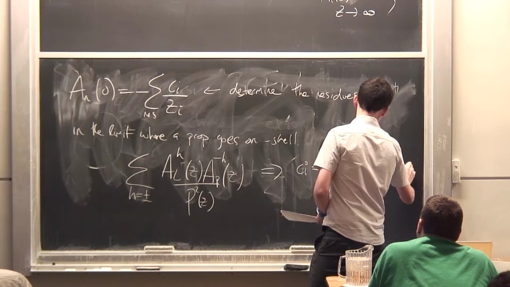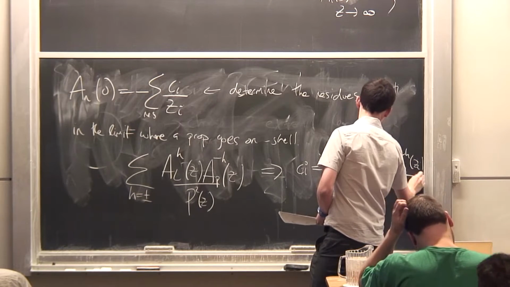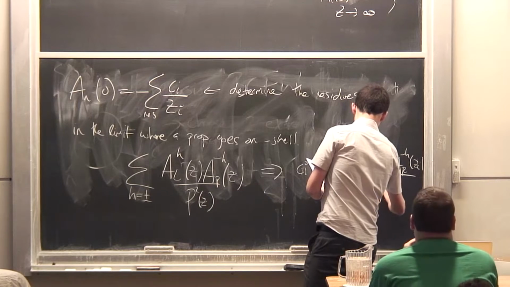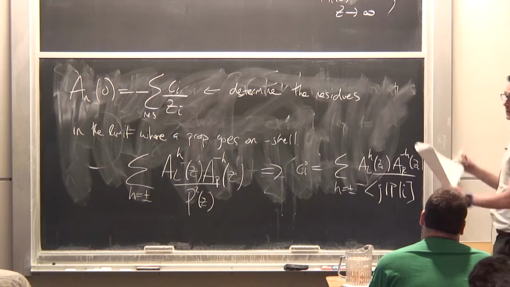I just put the value of zi into my amplitudes, and then I take my normalization, and that tells me the coefficients.